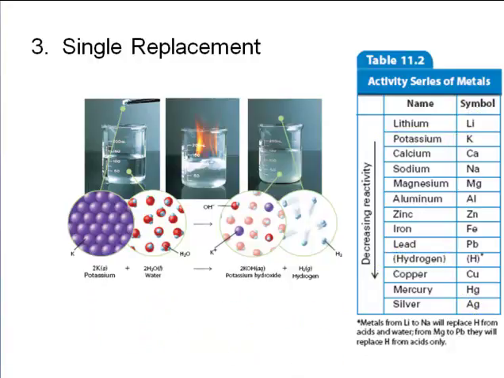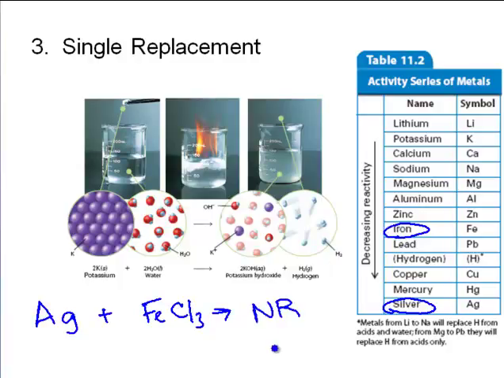Now, if I would have something like this, where I had silver plus iron chloride, when I put these together, silver is beneath the iron. Therefore, no reaction will happen. Silver cannot replace iron. It is less reactive. So something has to be more reactive in order to replace it.